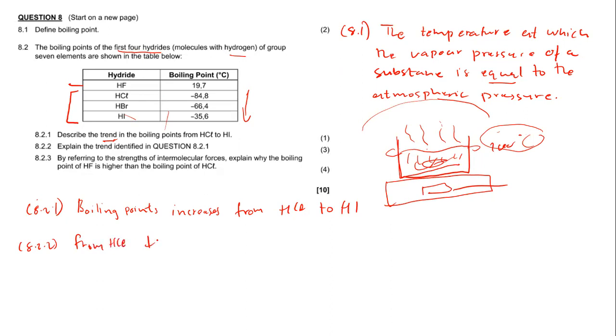So we can see that from HCl to HI, the molecular mass, or you can say the molar mass, of hydrides, or molecules of hydrides, increases. From HCl to HI, the molecular mass of hydrides increases.